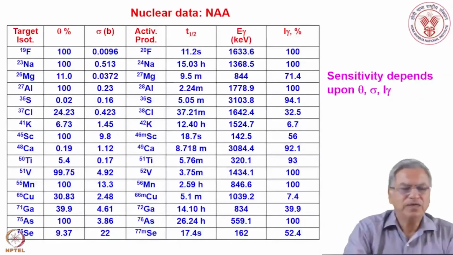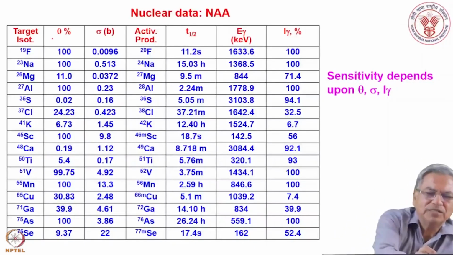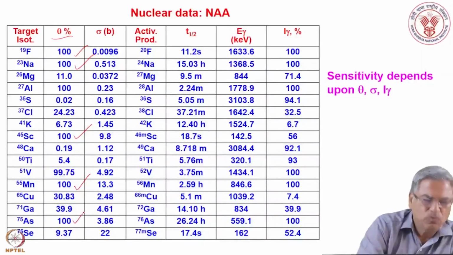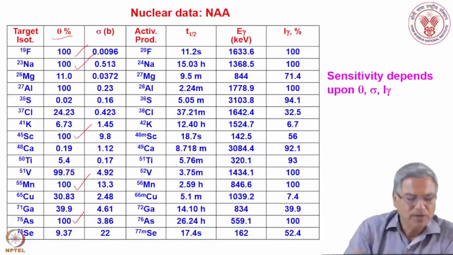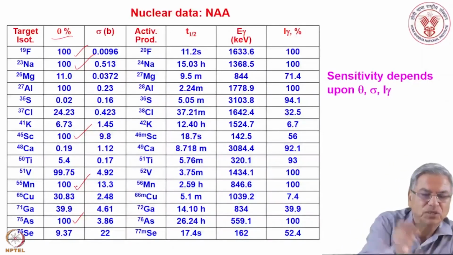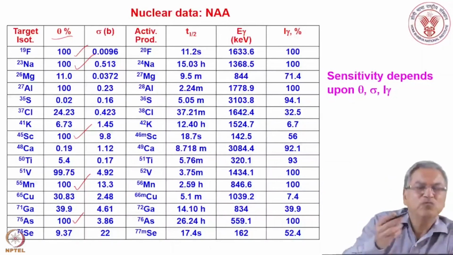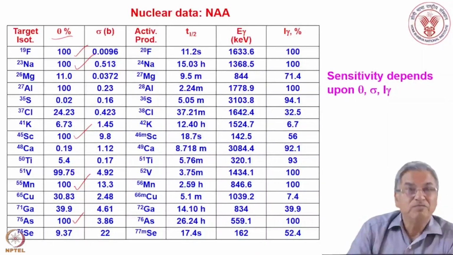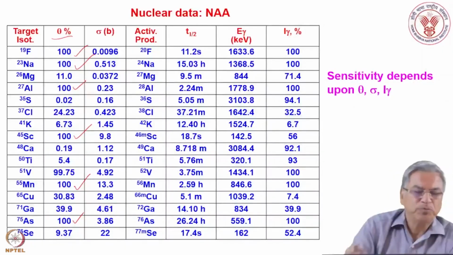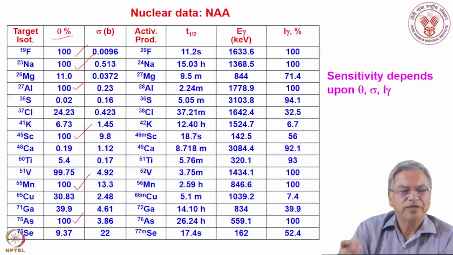Now, quickly, I will just give you that theta is the isotopic abundance. You can see these are the monoisotopic elements where only one isotope is present in the sample. So 100% abundance of arsenic 75, manganese 55, scandium 45, sodium 23, and the remaining ones you will find are the even Z elements, so they have more than one stable isotope. Aluminum is monoisotopic. The abundance of the isotopes will vary.